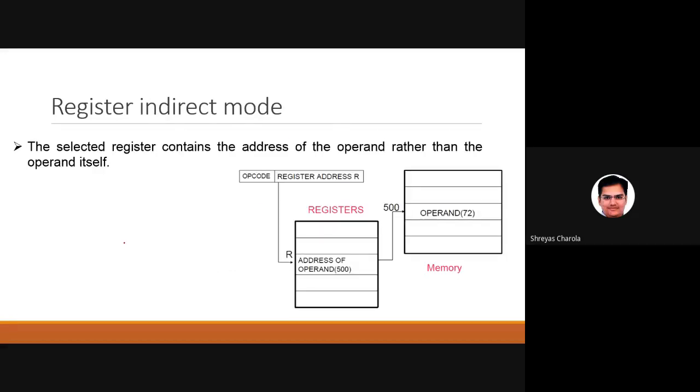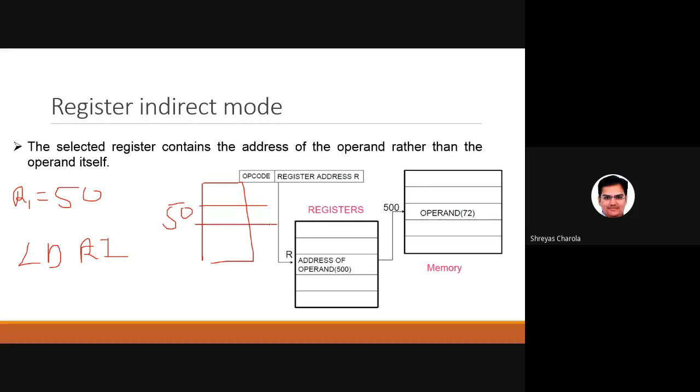Next, register indirect. Suppose R1 equals 50, and I write LD R1. Consider a memory location 50 which holds the data 40. What should be the content in the accumulator if I write LD R1?